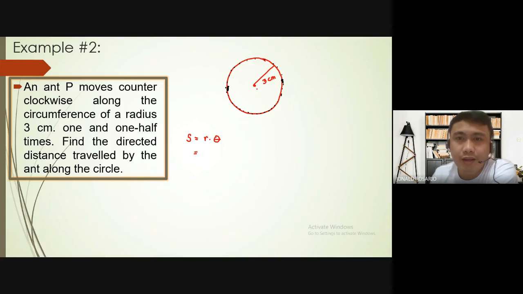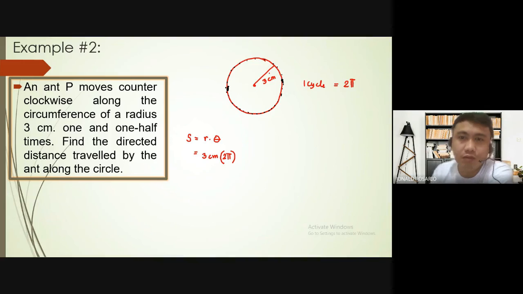And of course, our arc length, S, is given by R times theta. And our R is 3 centimeters. And our theta is, of course, kapag isang ikot in one cycle, that is 2 pi. Yan yung ating distance. Isang ikot kasi 2 pi yan, yung buong circumference ng isang unit circle.